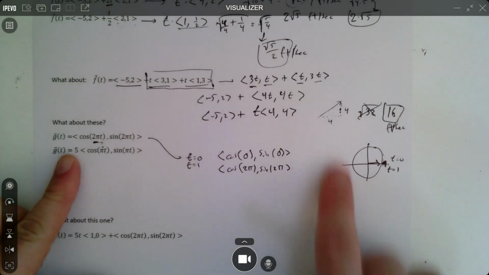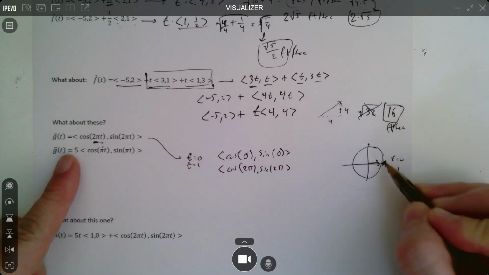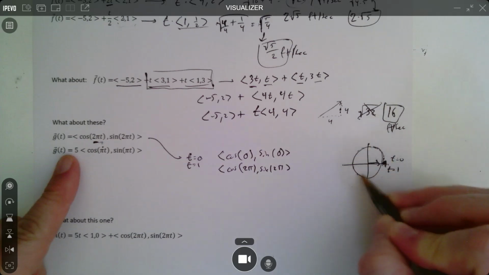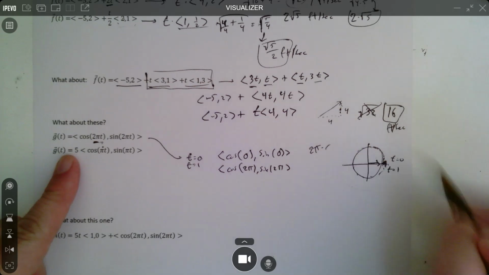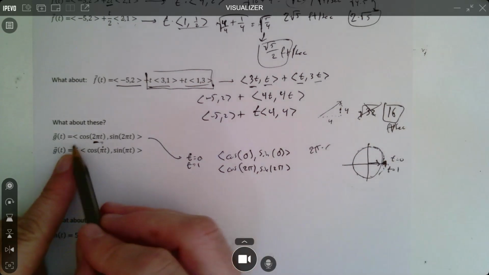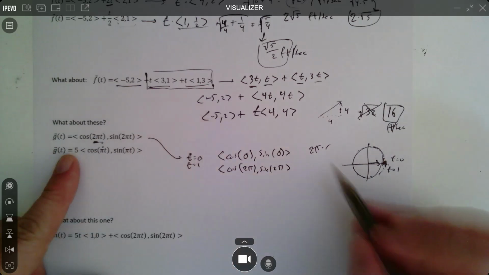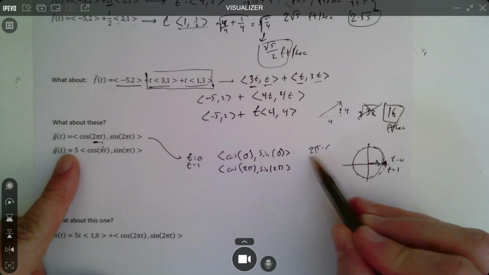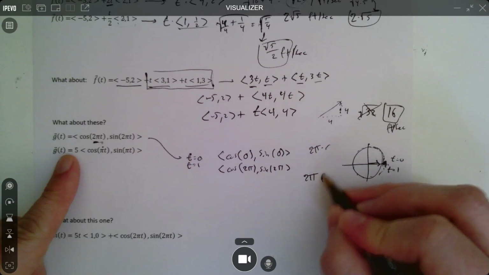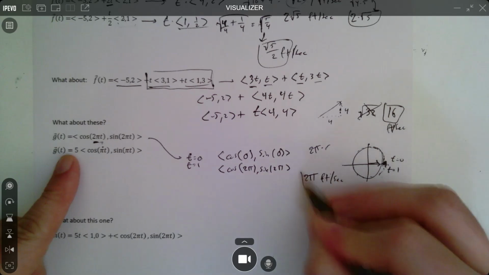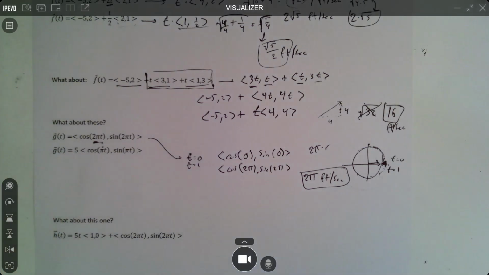If I want a full circle, let's figure out what's that total circumference length. So circumference is 2 pi times the radius. In this case, the radius is 1. So the total distance I went was just 2 pi. So in this case, my speed is 2 pi feet per second.